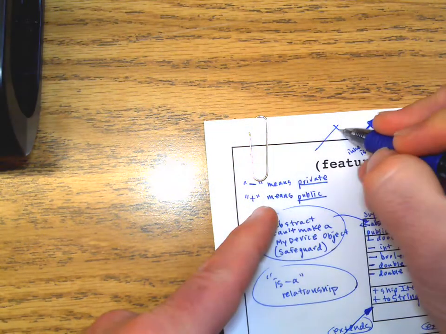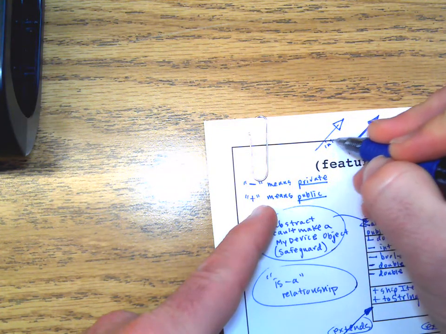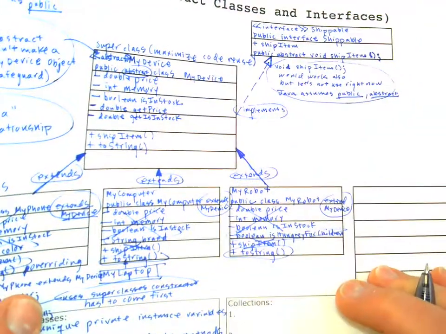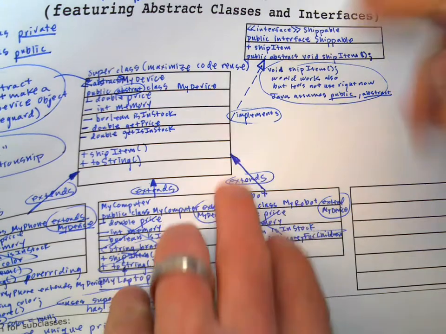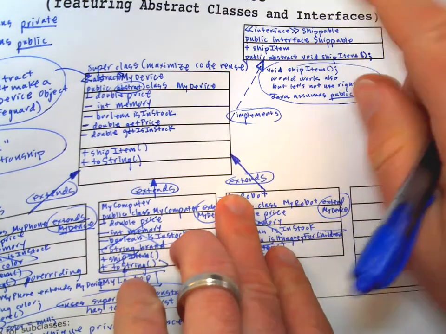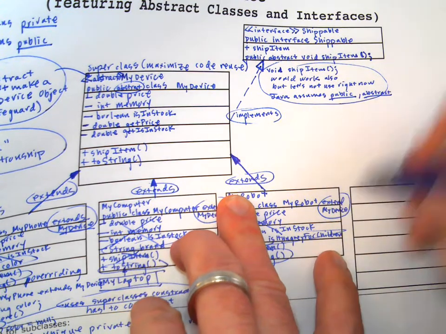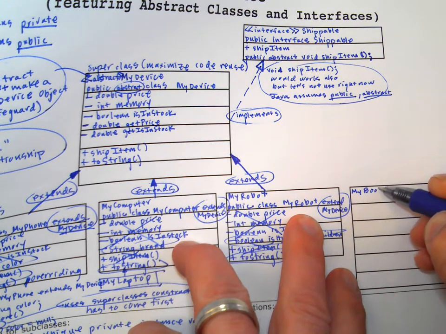So, we could add that little picture up here if you want. This is for an interface. Now, I think in BlueJ it's going to be a dash line. So we want this guy to implement the Shippable interface. And we also want our book down here, myBook. So we're going to add a class.